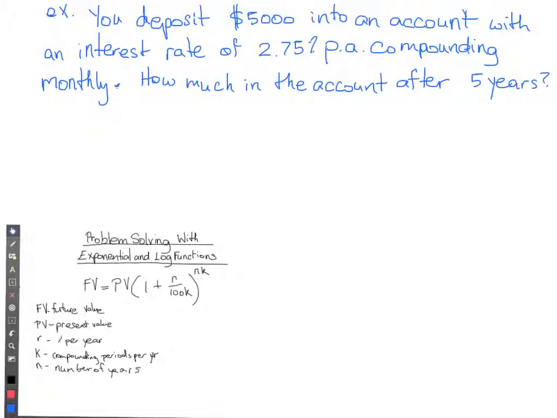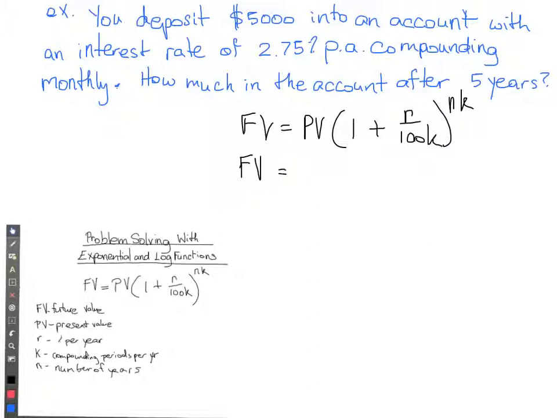So let's plug in to our exponential function and see how it works. FV equals, and I'm just rewriting the formula here, PV times 1 plus R over 100K to the NK. FV is what we're looking for. We don't know it. PV, that's our starting amount, is 5,000. 1 plus our percent interest per year, so 2.75 over 100.